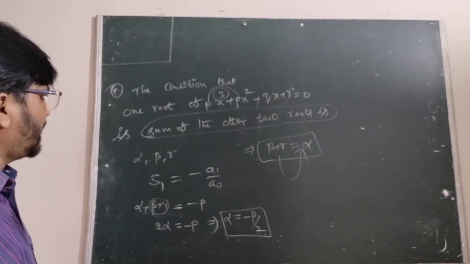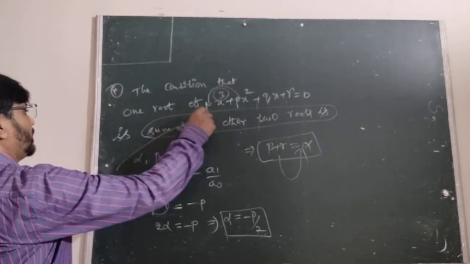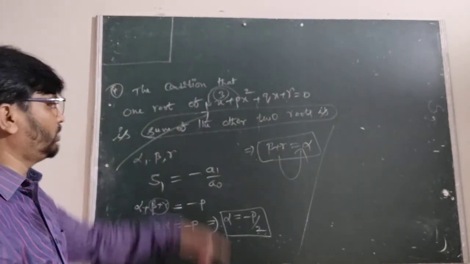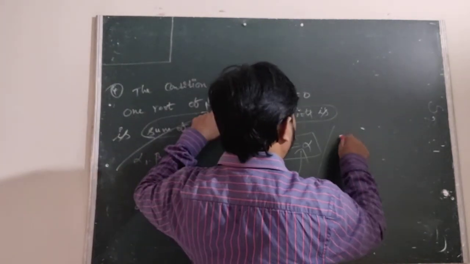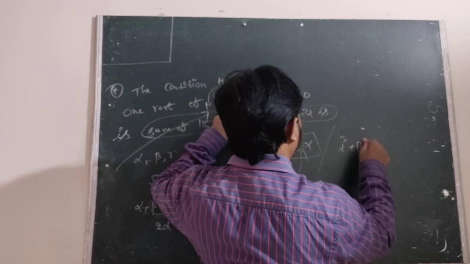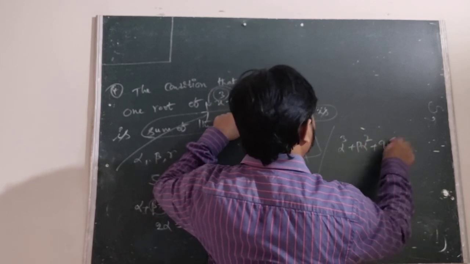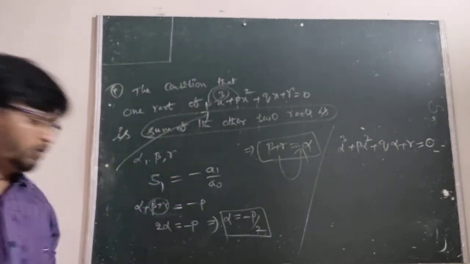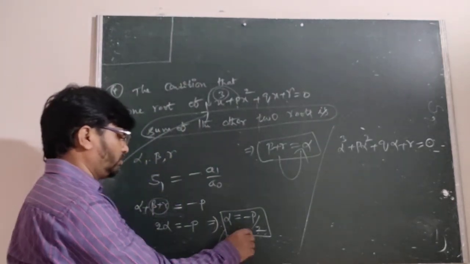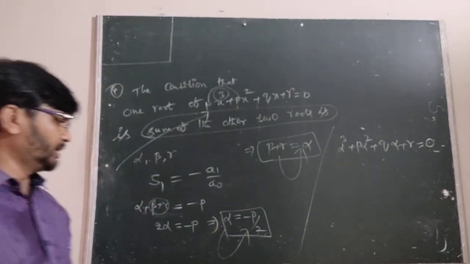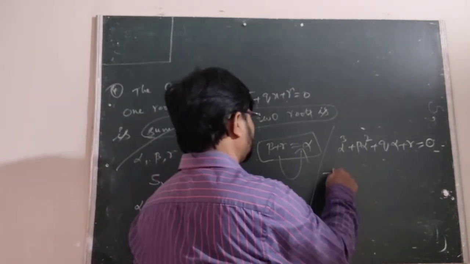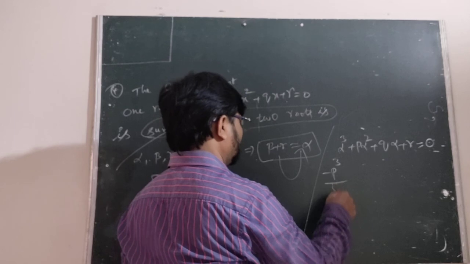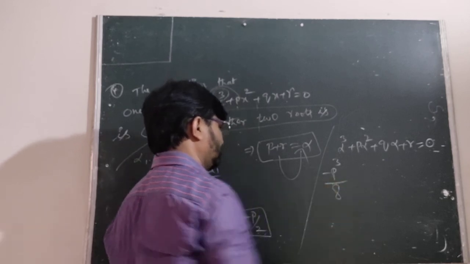Given that alpha is a root of the equation, that means taking x equal to alpha, alpha cube plus p into alpha square plus q into alpha plus r equals 0. Now we are substituting alpha equal to minus p by 2, that is minus p cube by 2 cube, which is 8.